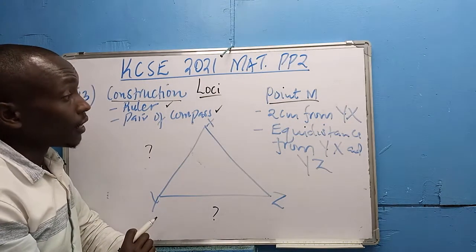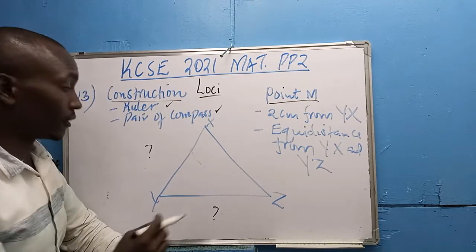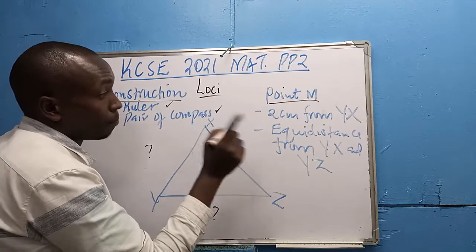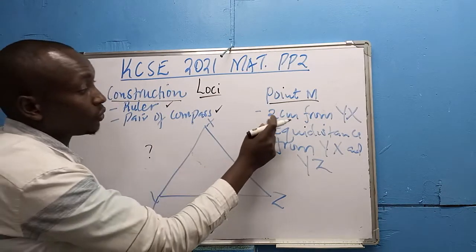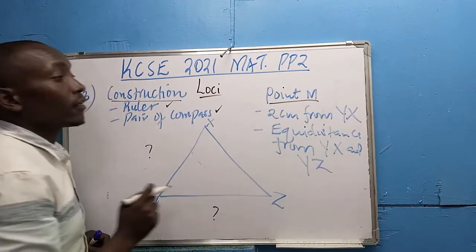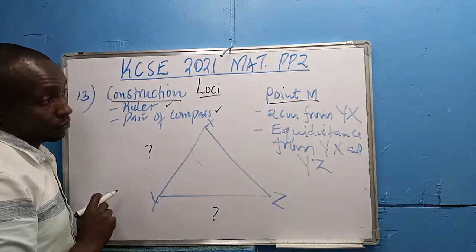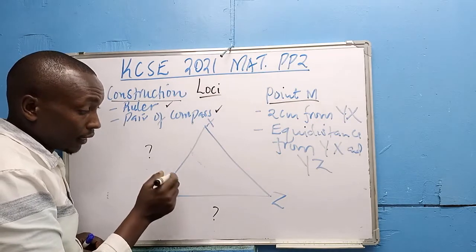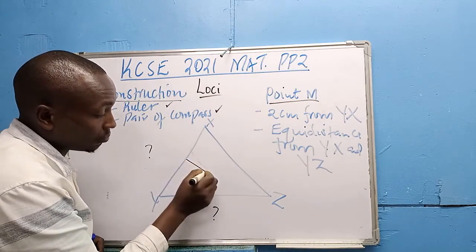With this, it is as simple as I'm going to guide you. We are talking about a point M that is 2 centimeters from the line YX. And that means it is a line that is parallel to this line, somewhere 2 centimeters away.